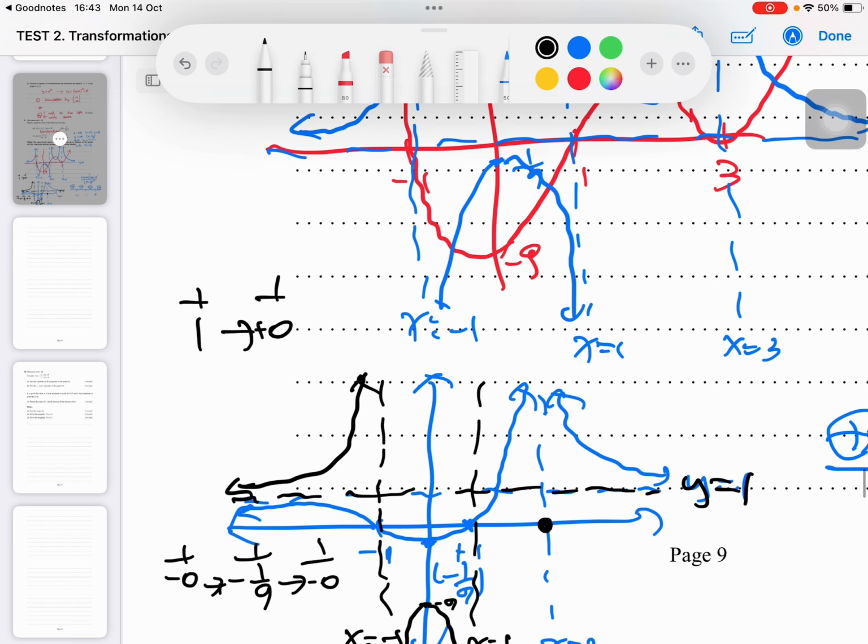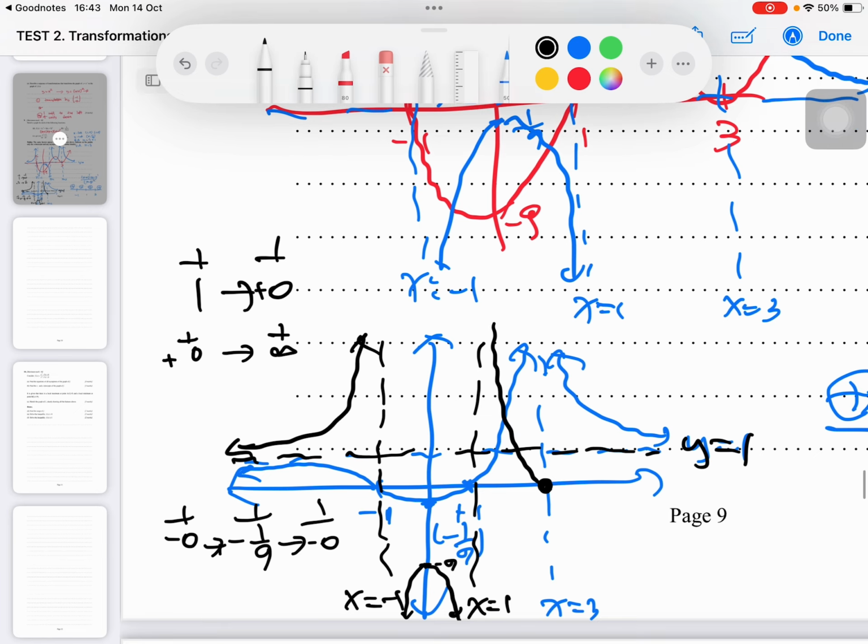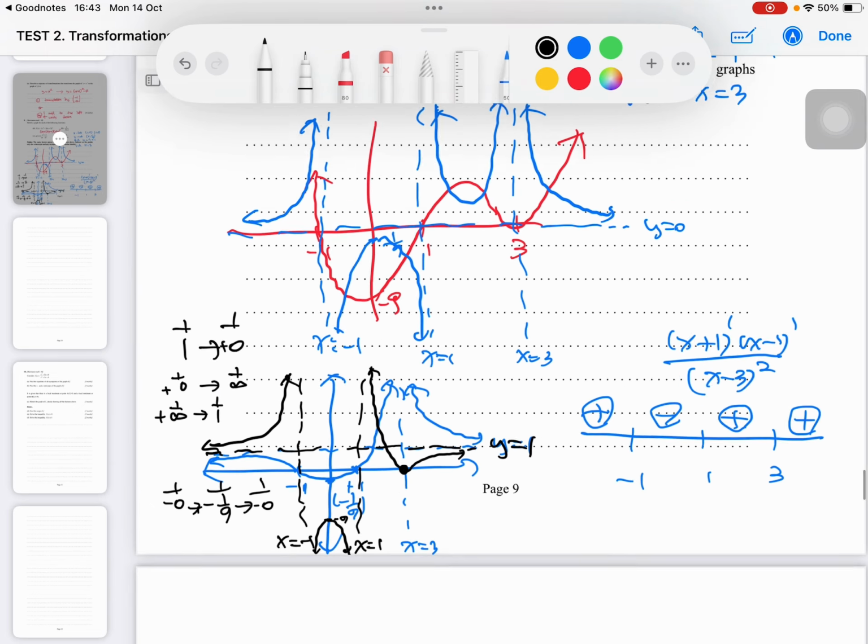And on the other side, between 1 and 3, it was 0 to infinity. So negative infinity to positive 0, like this. And from 3, it was from positive infinity to 1. So now it becomes 0 to 1, like this. This is the reciprocal graph.